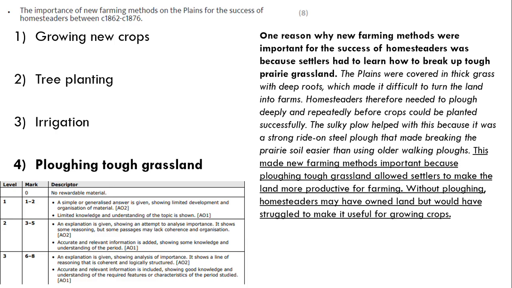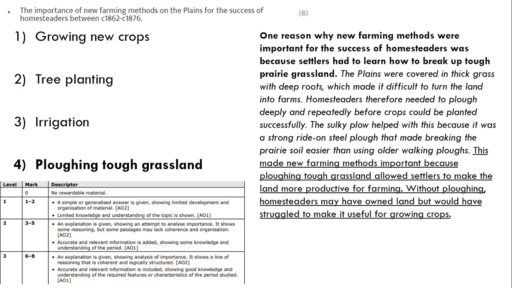The sulky plough helped with this because it was a strong, ride-on steel plough that made breaking the prairie soil easier than using older walking ploughs. This made new farming methods important because ploughing tough grassland allowed settlers to make the land more productive for farming. Without ploughing, homesteaders may have owned land, but would have struggled to make it useful for growing crops.